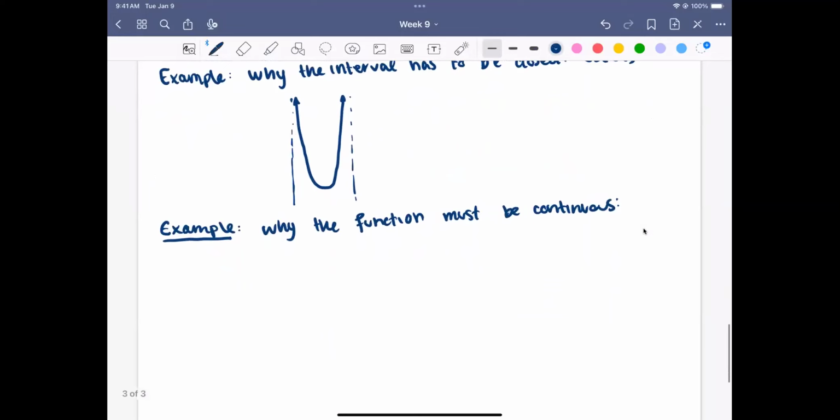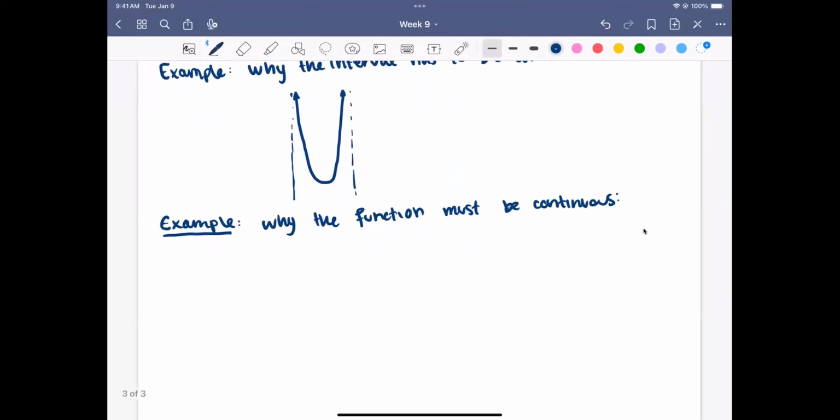So let's say we're defined on the interval from 0 to 1. And let's say the function is like a line going up to here, and then once we get there, it has a hole, and then it's just redefined at that value to be some other number. So this is some piecewise function. It's clearly not continuous, but it also doesn't have an absolute maximum on that interval because I just plucked out the thing that would be the absolute maximum.